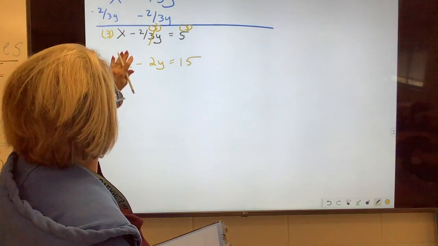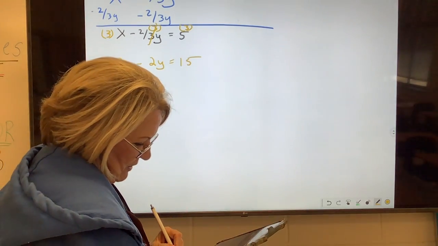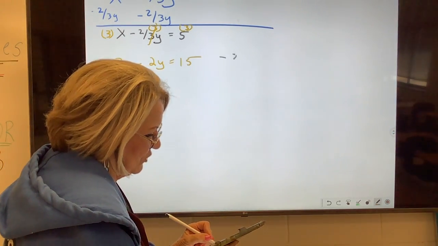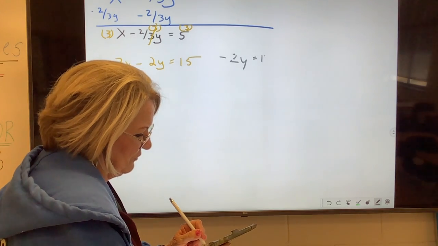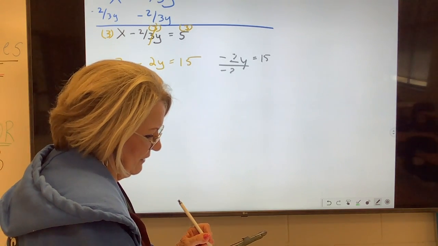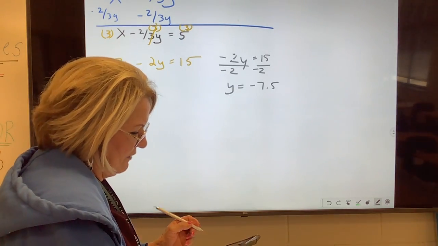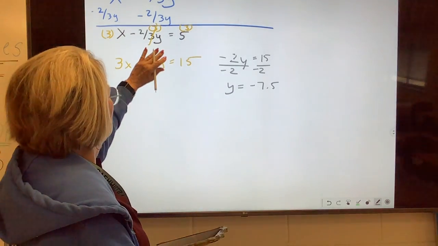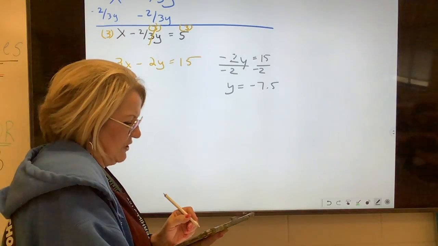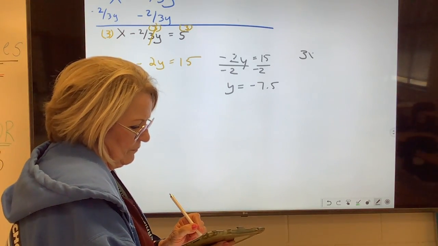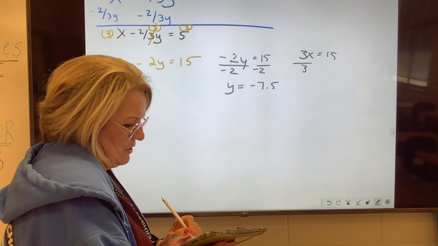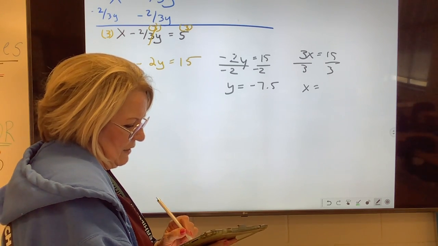If I wanted to cover this up, then I would have -2y equals 15, divide by -2, y equals -7.5. And now when I cover this up, I have 3x equals 15, and you divide by 3, and x equals 5.